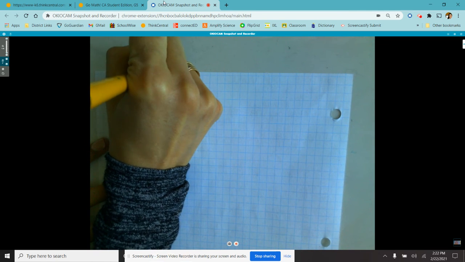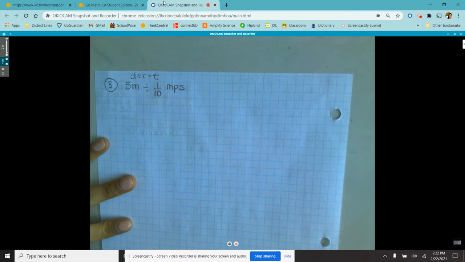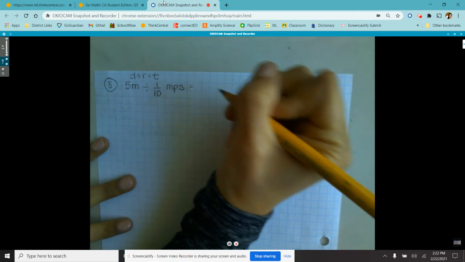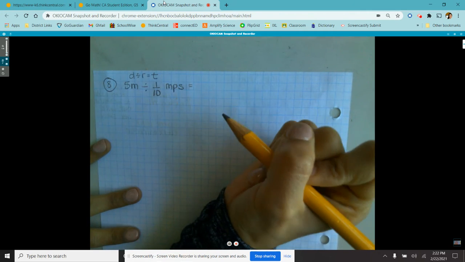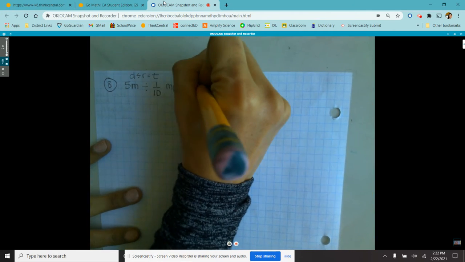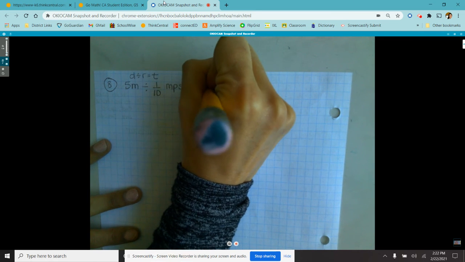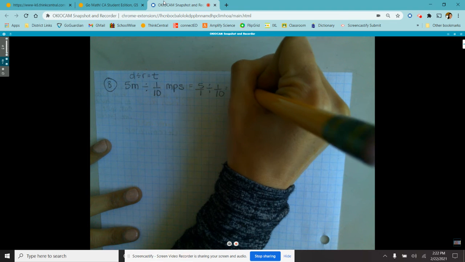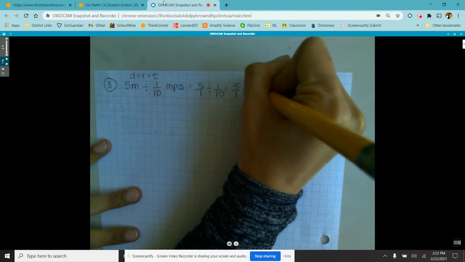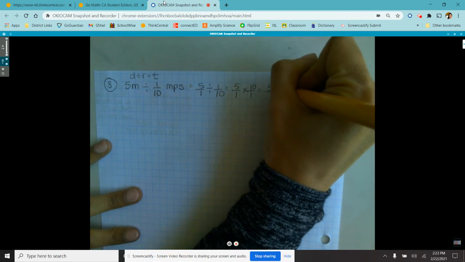Distance divided by rate will give you time. You eventually will memorize those formulas as you get older and more advanced in your math careers. You could say your 5th grade teachers introduced it to you. So we have 5/1 divided by 1/10. We multiply by the reciprocal of the divisor, and we get 50.